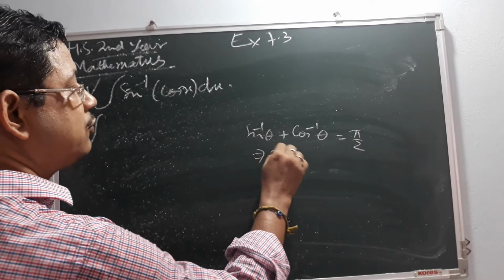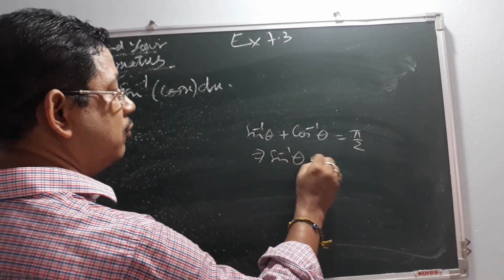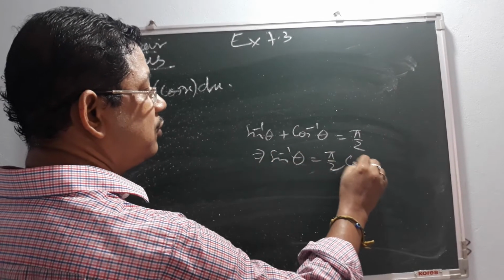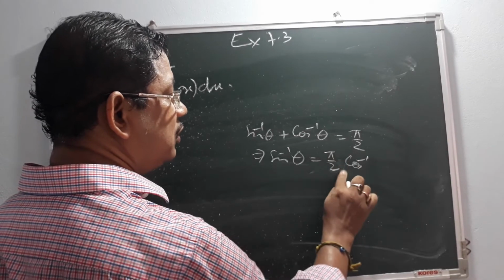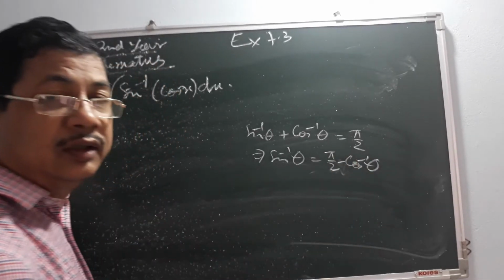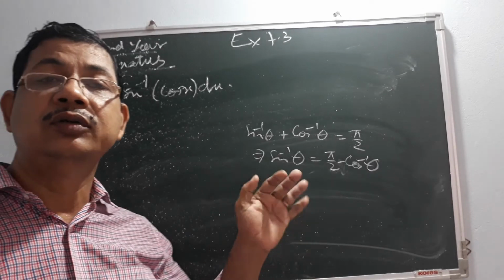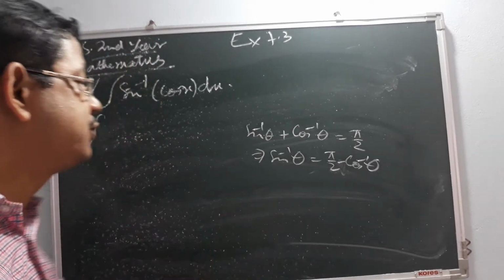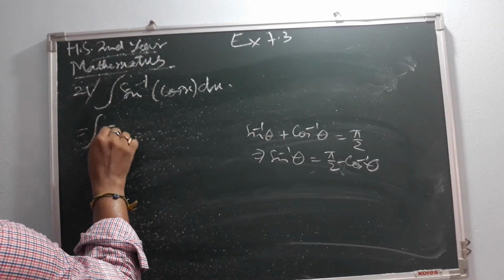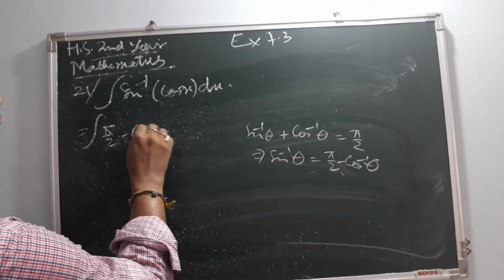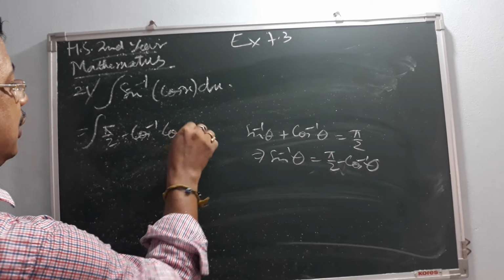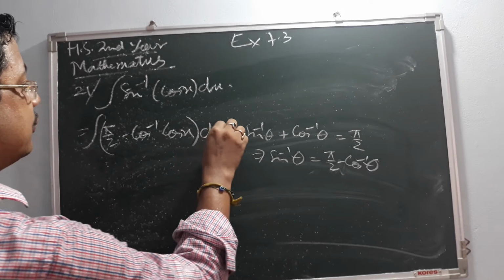So sin inverse of anything we can write as 90 minus cos inverse theta. This is the inverse trigonometrical formula. So here we can write integration of 90 minus cos inverse cos x, whole thing dx.